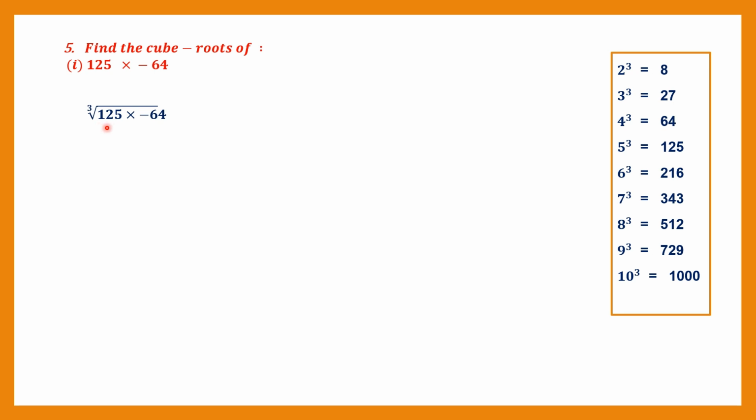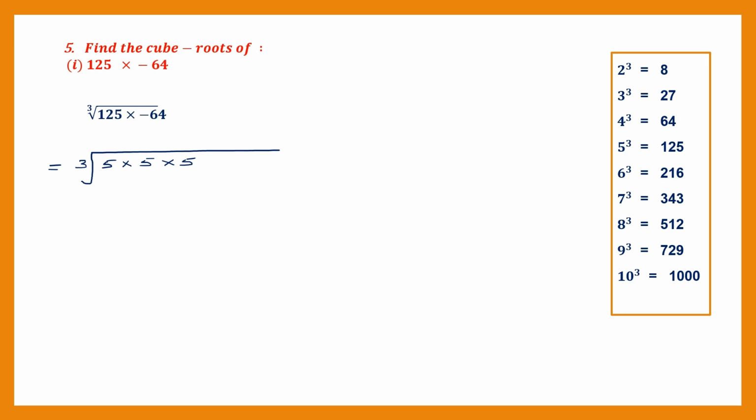So here we have 125 and the cube root of 125 is 5. And that is when you multiply 5 3 times, you get 125. So let's write that down here. So that will be the cube root of 125 is 5 3 times. So that is 5 into 5 into 5.